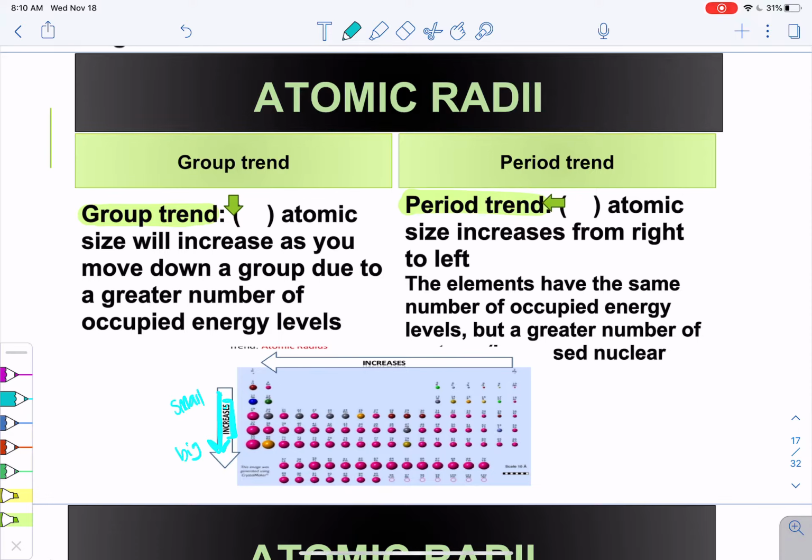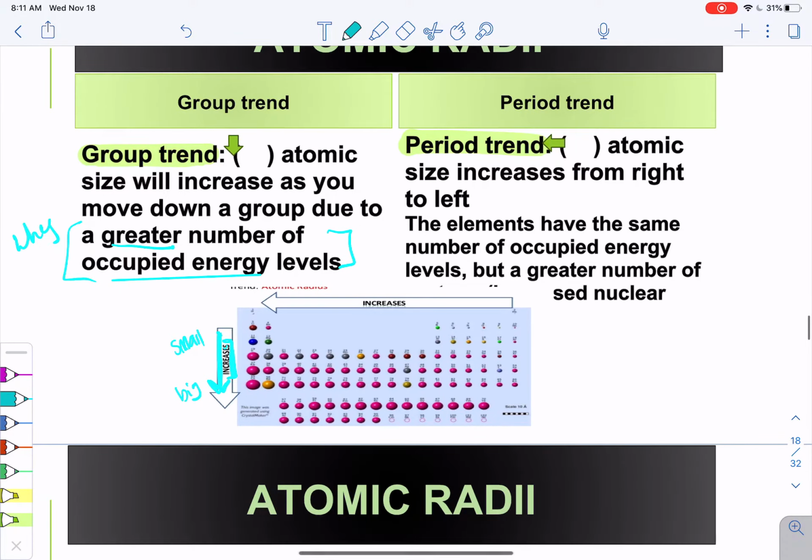The atomic radius will increase as you go down a group due to the greater number of occupied energy levels. You still need to know why on all of the trends. You need to know the trend, and then you need to know why that trend is doing that.